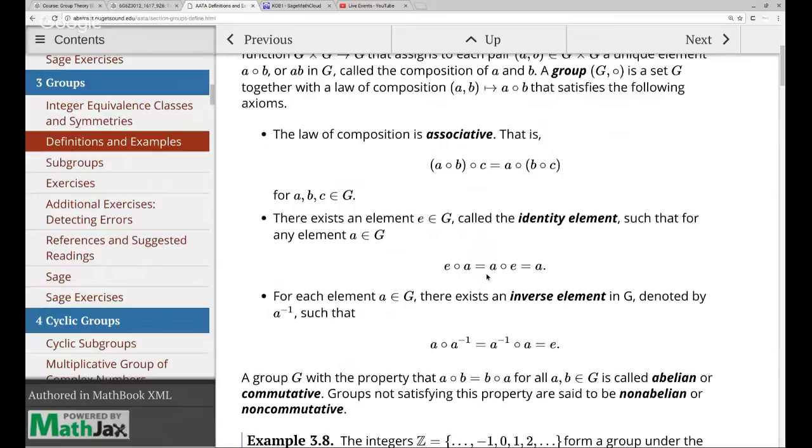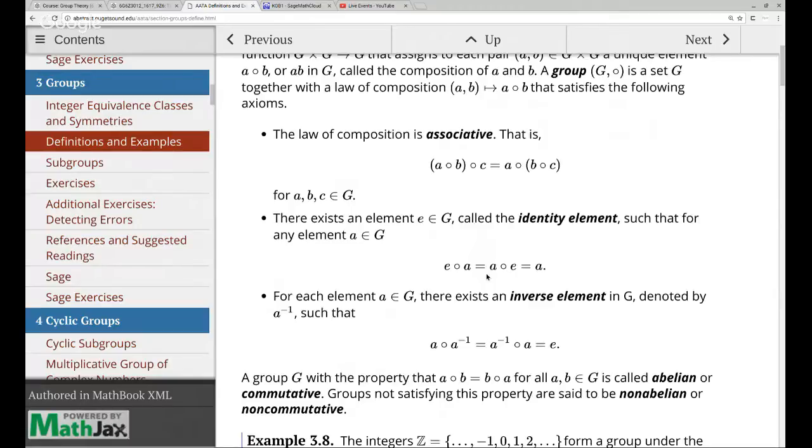And similarly with the inverse elements, for a given element A, maybe there could be more than one inverse element floating around. So that's not explicitly stated here, but we'll soon see that that issue is determined. It is a consequence of the group axioms, so there has to be one and only one inverse and one and only one identity. Also, this condition here, it's left open the possibility that A is its own inverse.